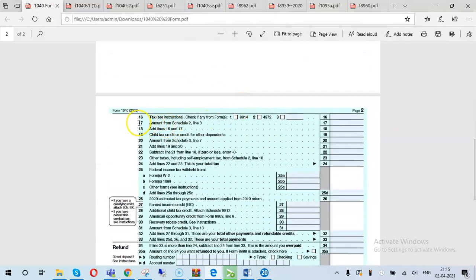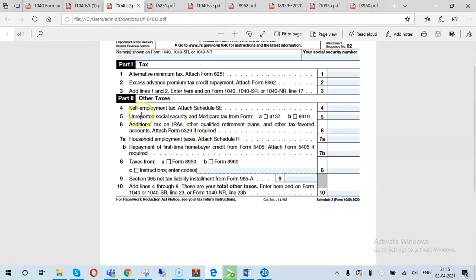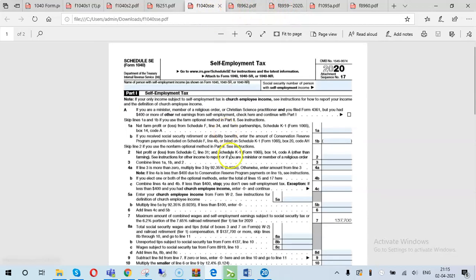So here, the line 17 amount from Schedule 2 line 3 should come here. Now Part 2, other taxes, self-employment taxes, attach Schedule SE. So see Schedule SE for self-employment tax.